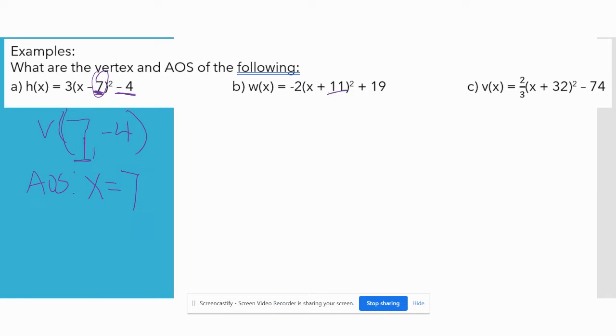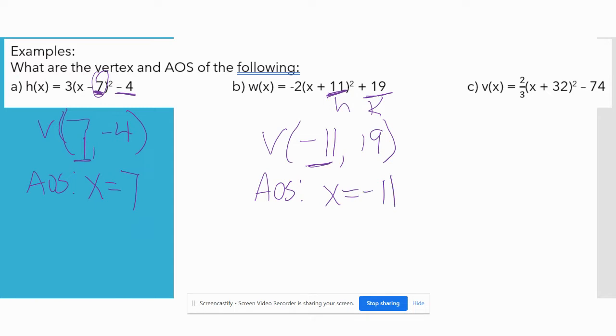For our next one, we have our h and our k. So for our vertex, remember it's opposite of what's inside the parentheses. That's going to be a negative 11 and then a positive 19. Our axis of symmetry, because it's always the exact value of the vertex, would be x equals negative 11.